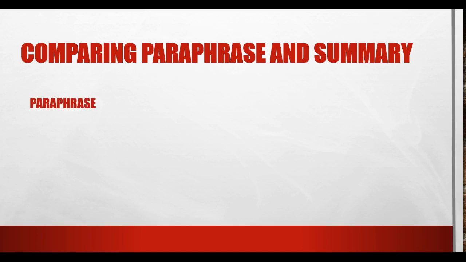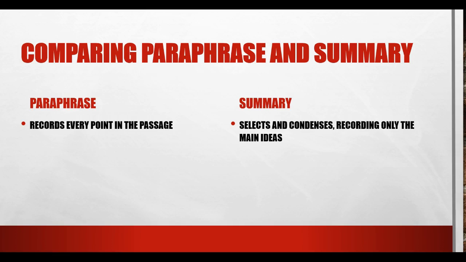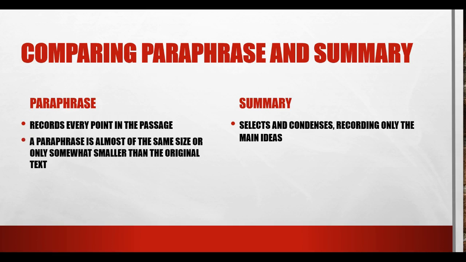Comparing paraphrase and summary. A paraphrase records every point in the passage, while a summary selects and condenses information, recording only the main ideas. A paraphrase is almost the same size or only somewhat smaller than the original text.